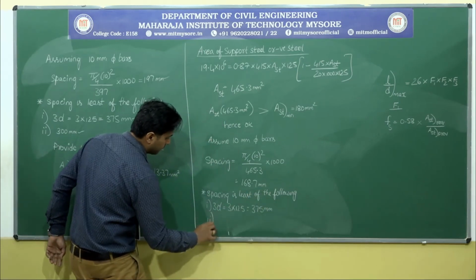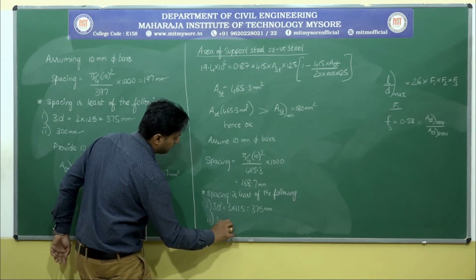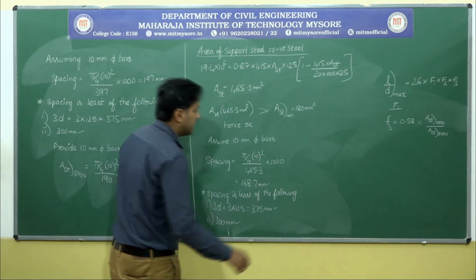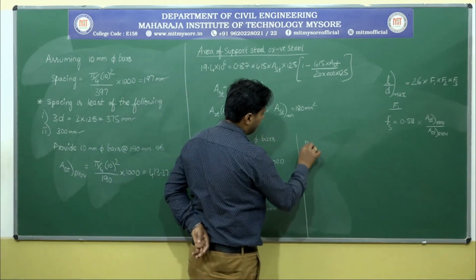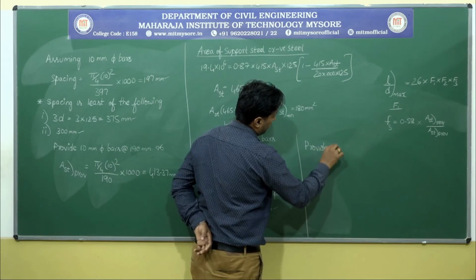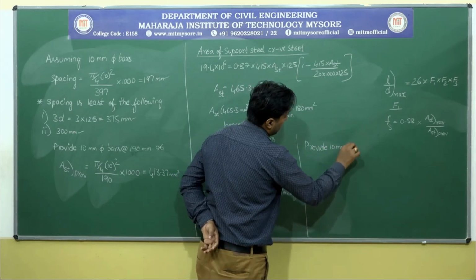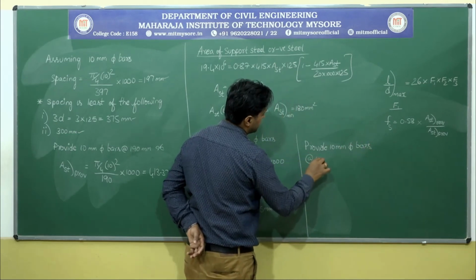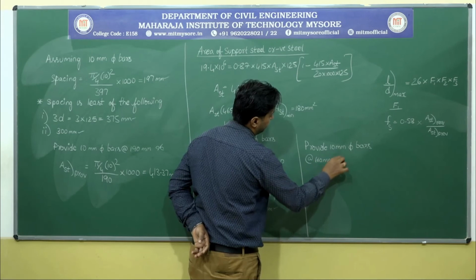Second one, 300 mm. So out of this, this and this, can I say provide 10 mm dia bars at 160 mm center to center.